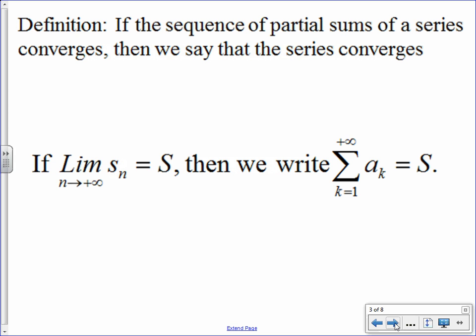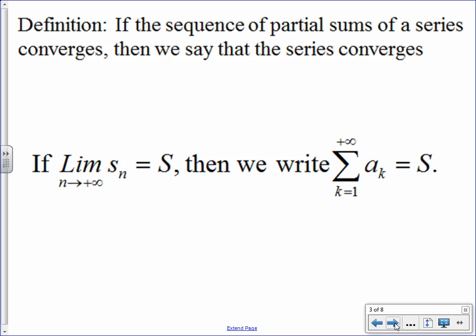Basically, if we can take our sum and write it as a formula, when we find the limit of that, if it exists, then that is what our sum is going to converge to.